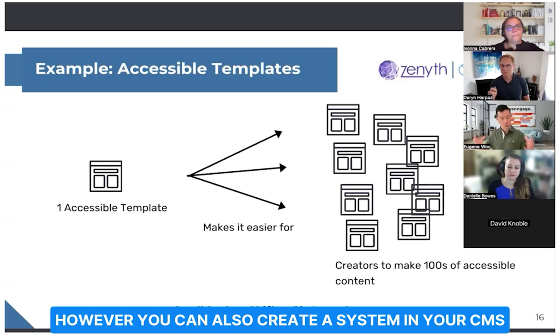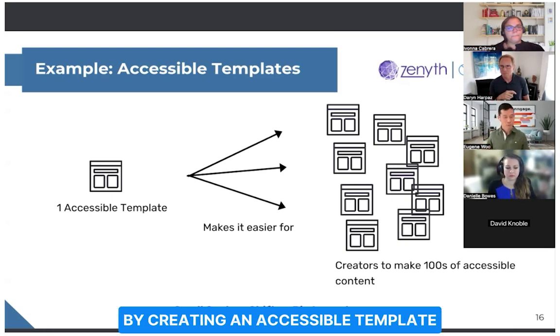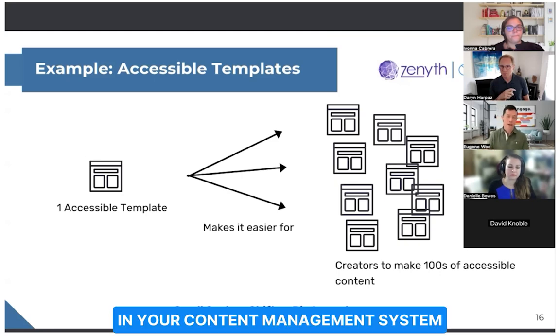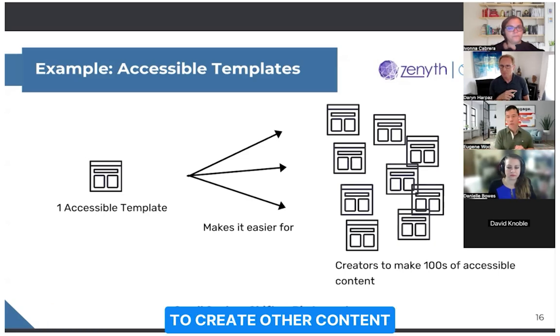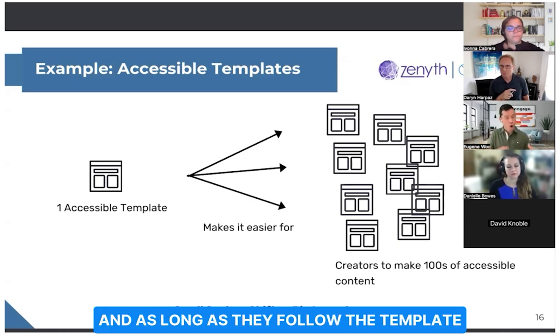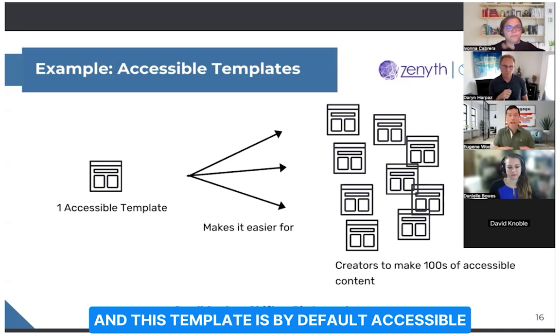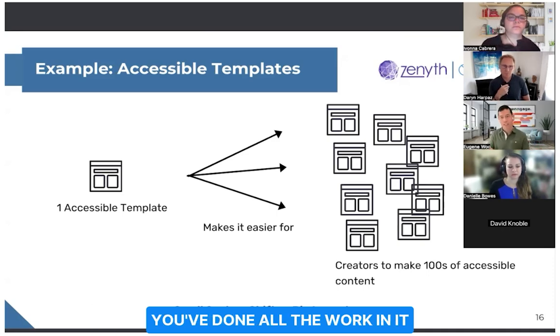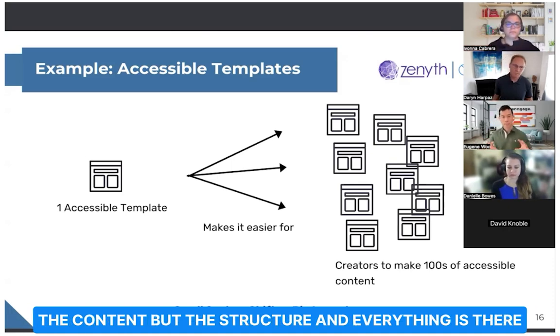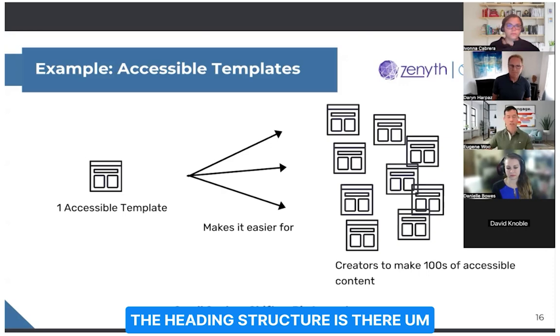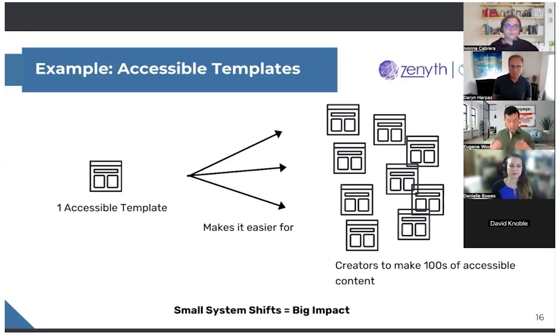However, you can also create a system in your CMS, the content management system, by creating an accessible template and then allowing everyone else to use that template to create other content. As long as they follow the template, and this template is by default accessible, you've done all the work in it. They're just replacing some text, maybe some of the images, the content, but the structure and everything is there. The heading structure is there. And all of that is there.